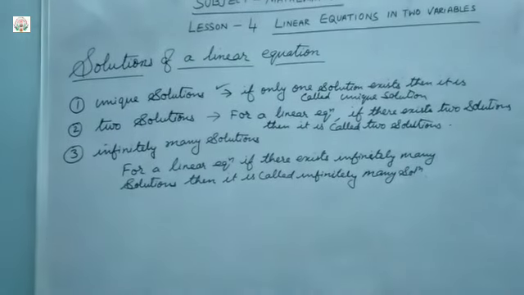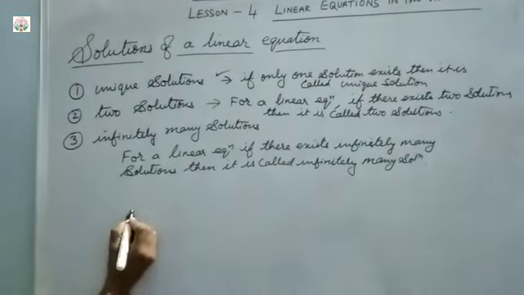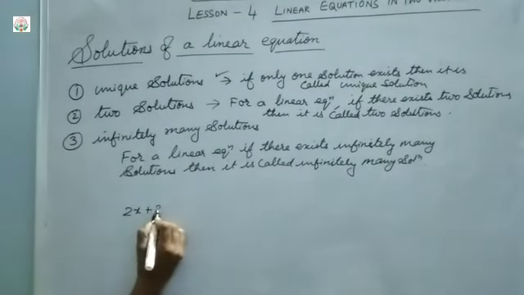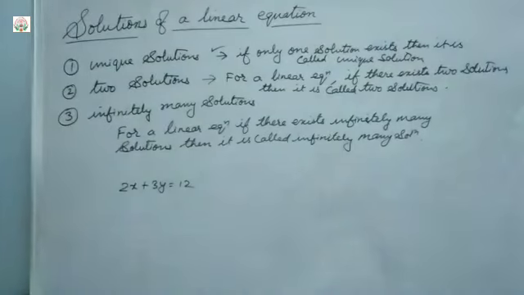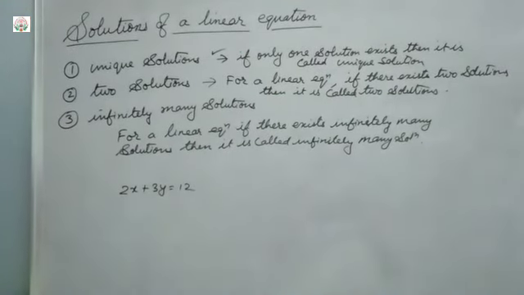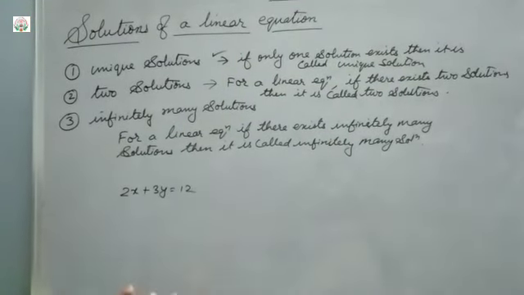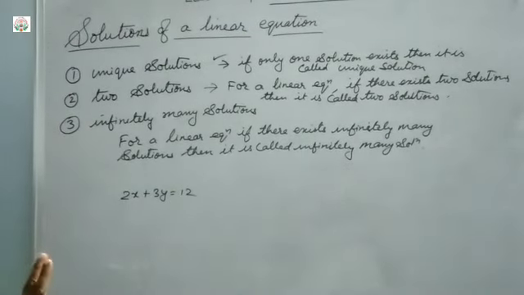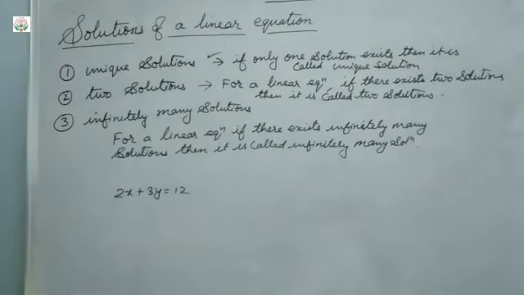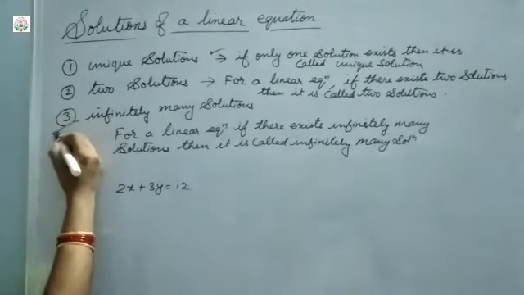Okay, like for example, in the previous question we have seen 2x plus 3y equals to 12. So there how many solutions we got? 3 were there. Likewise you can find many other solutions also, but we have found how many? 3. That means it will come under which category? Third one.